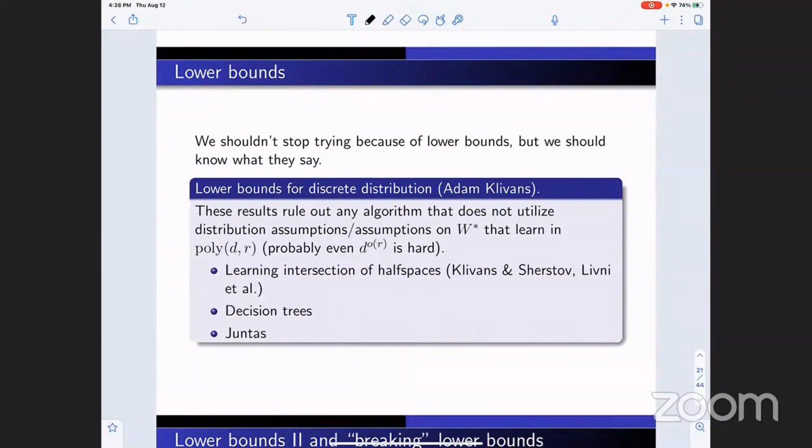I didn't check very carefully. The reason these are hard is if you could solve this teacher network problem, even the two-layer one, you can do things like learning intersections of half spaces, decision trees, juntas, many things that for a long time the learning theory community and the TCS community have considered to be somewhat intractable problems.